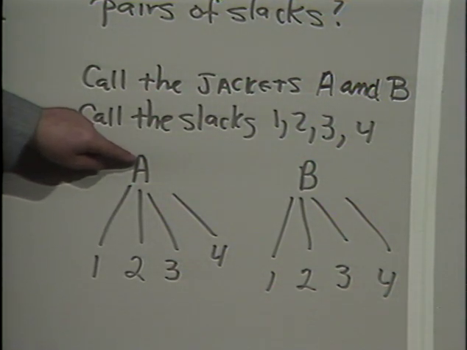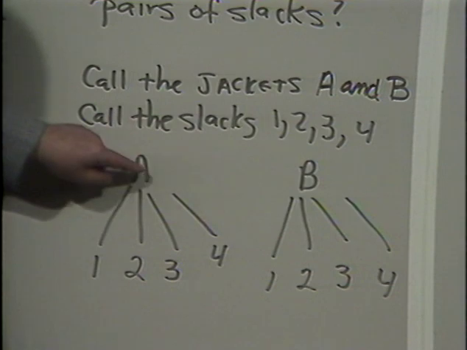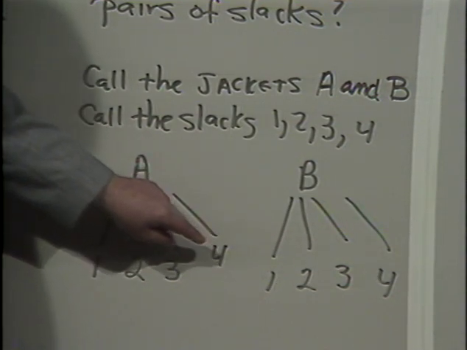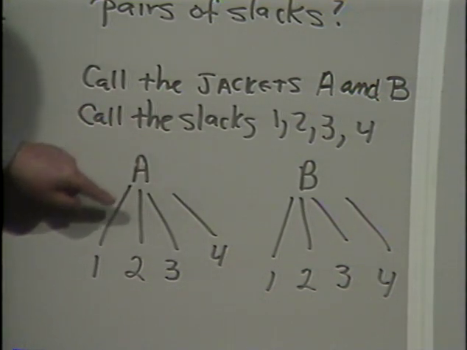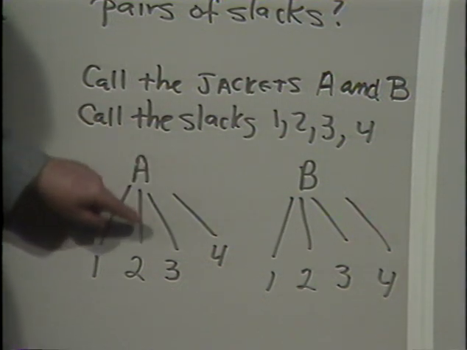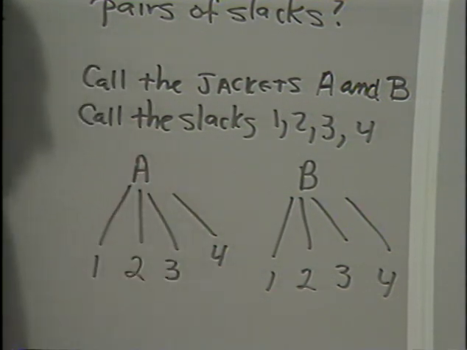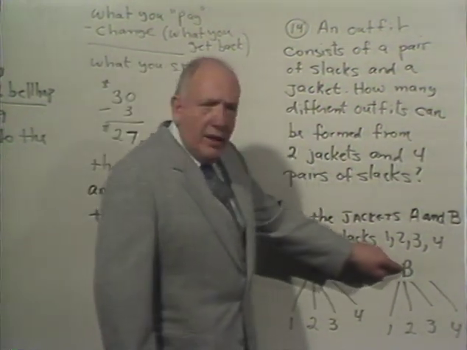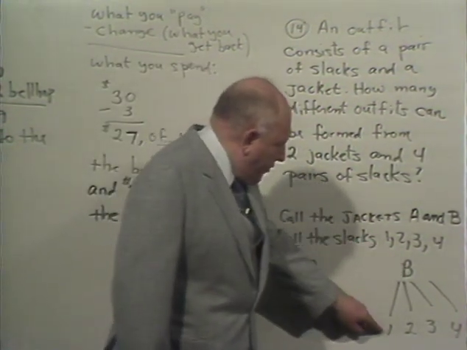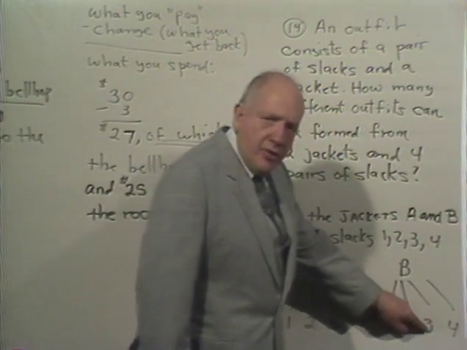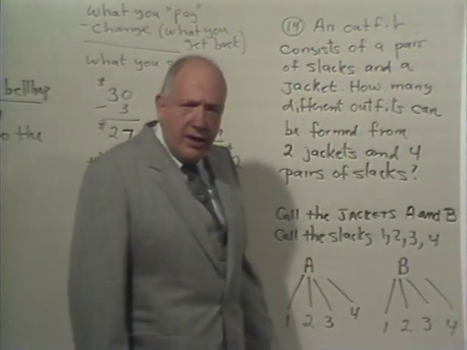Do you see how to read these? A1, A2, A3, A4, right? The first jacket with the first pair of pants, first jacket with the second pair of pants, first jacket with the third pair of pants, first jacket with the fourth pair of pants. He could have also picked what? The second jacket and paired that with the first pair of pants, second pair of pants, third, and fourth. You see the 8 combinations here?